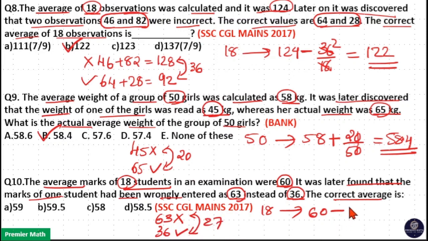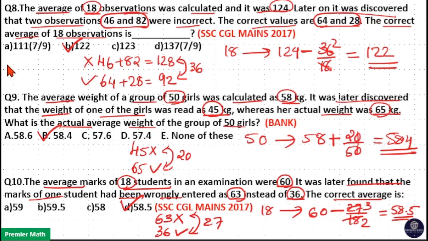So you should subtract, but before that you should equally distribute this 27 to these 18 people. That is 27 by 18. Here 9 goes 2 times in 18, 9 goes 3 times in 27. 3 by 2 is 1.5. So 60 minus 1.5 is equal to 58.5. So option D is your answer.